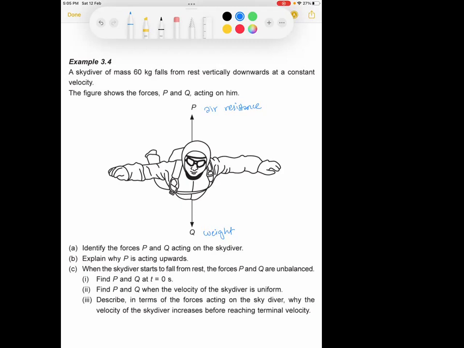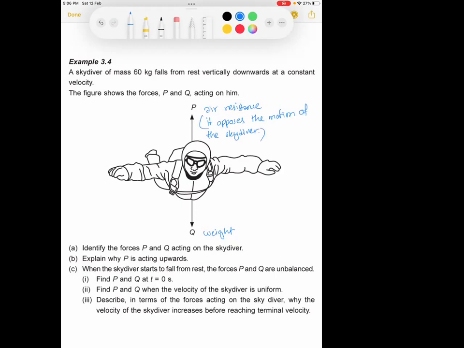So since the skydiver is falling vertically downwards, the air resistance will act vertically upwards. So this is the answer for number 2.